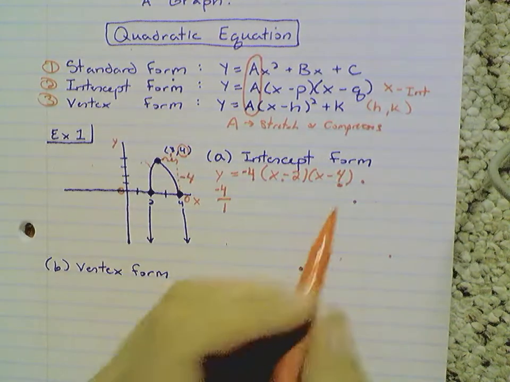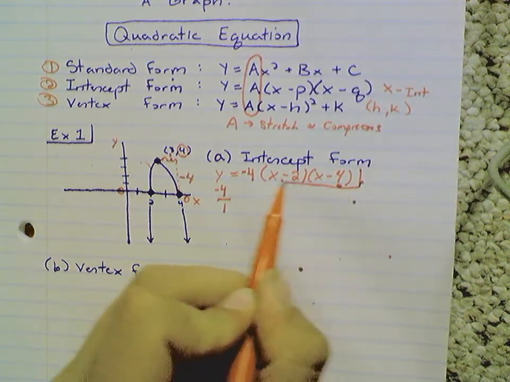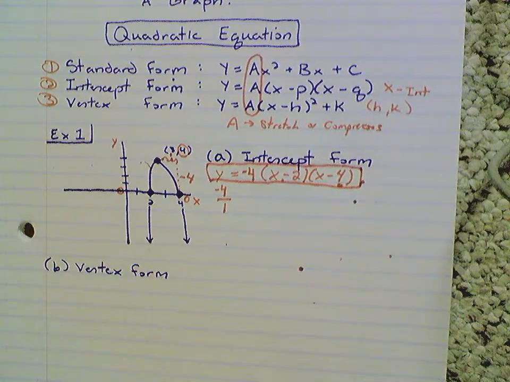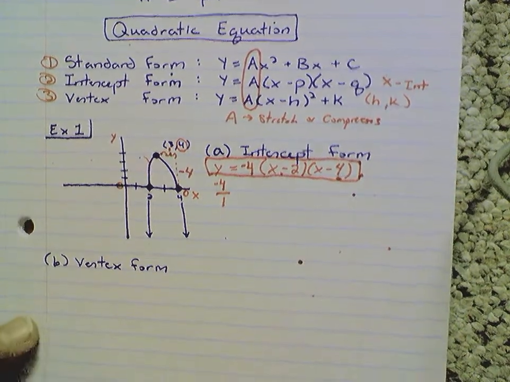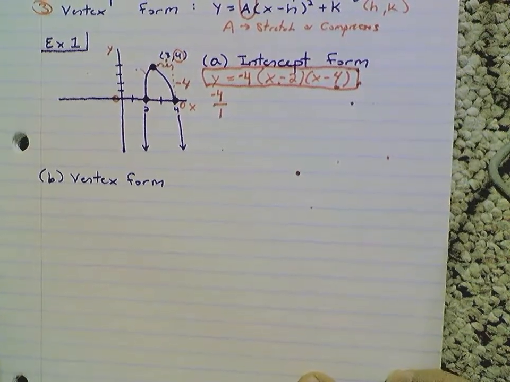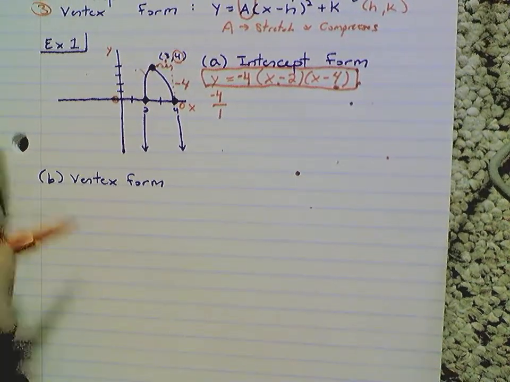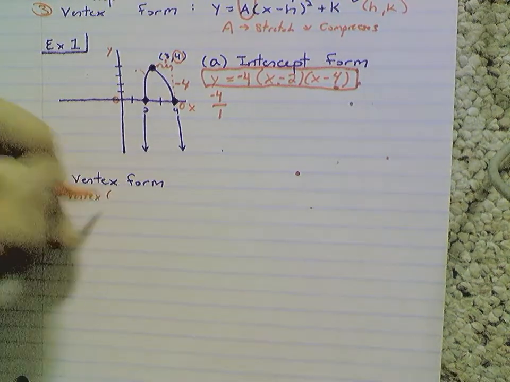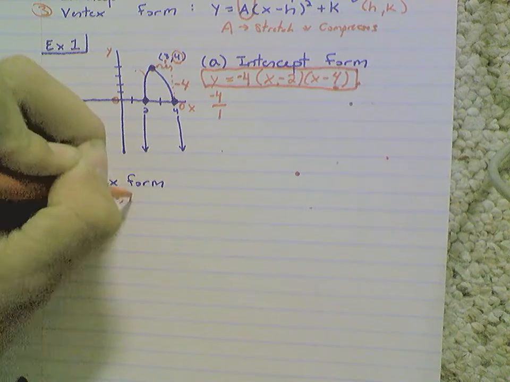So the equation for this graph in intercept form is y equals negative 4 times x minus 2 times x minus 4. Now, we can also write the equation for this same graph using vertex form. Right now I have the vertex at (3, 4).